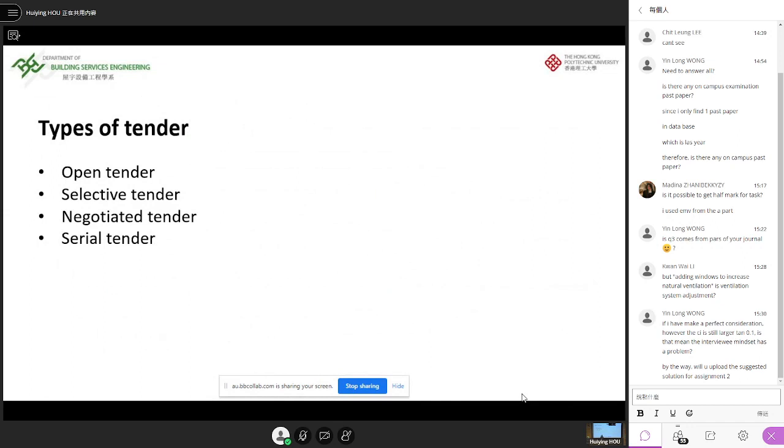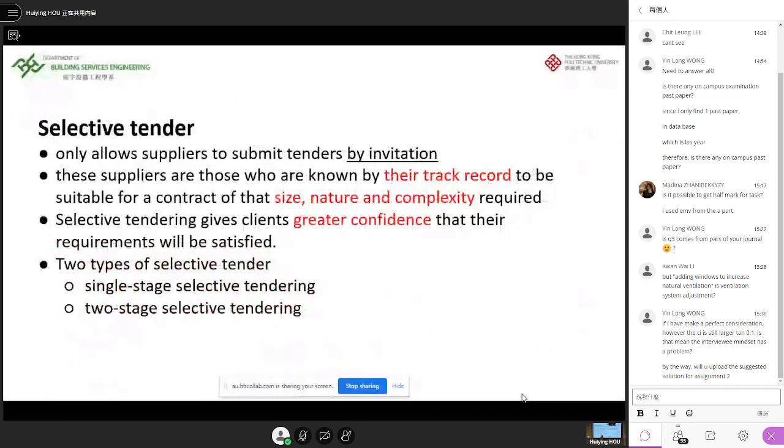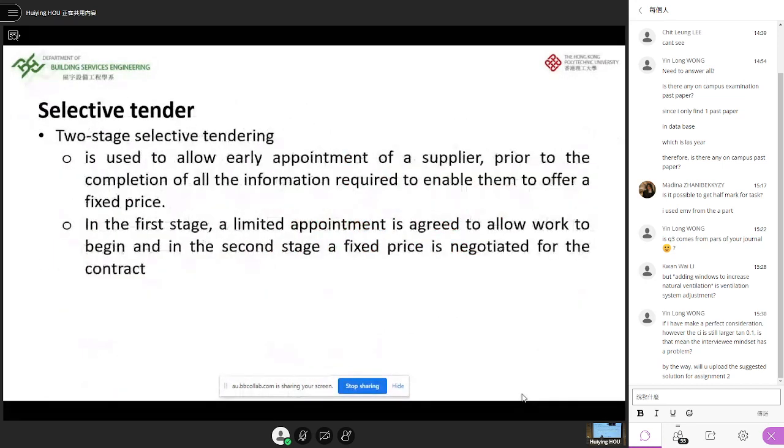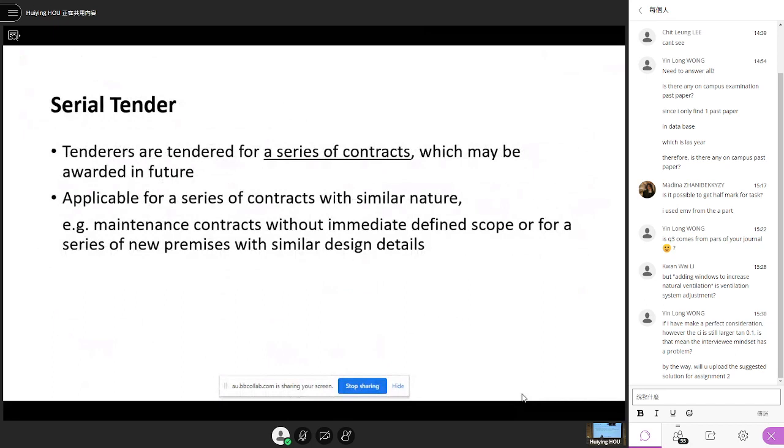Of course, as I mentioned, open tendering and selective tendering are the two most common tendering approaches we use. Then what are the benefits? What are the advantages of adopting open tendering? And what are the advantages and disadvantages of selective tendering? So read through these slides, then you will have a better understanding.